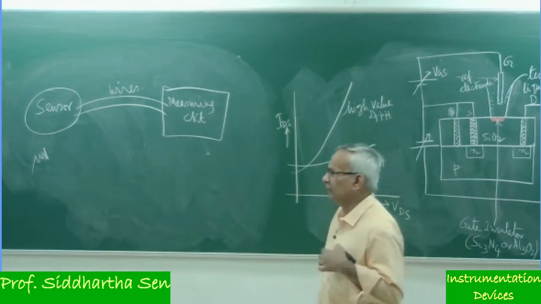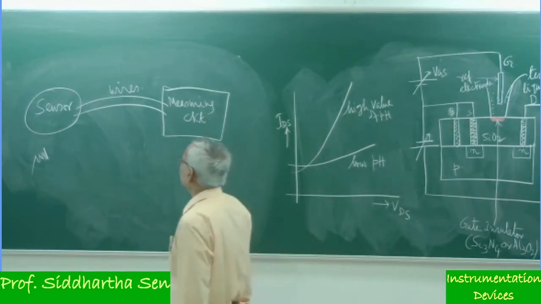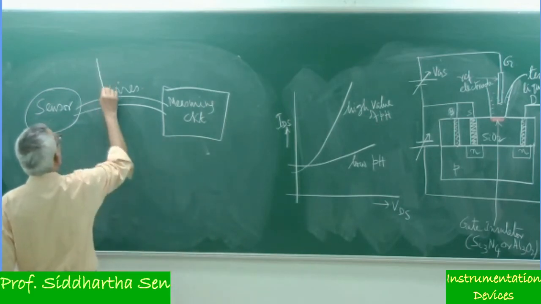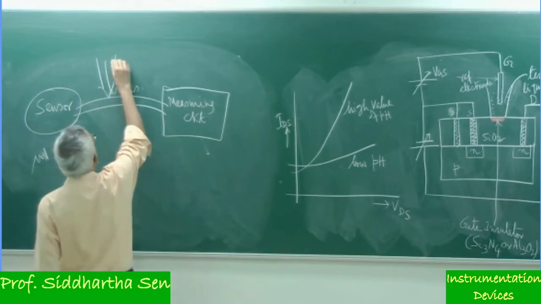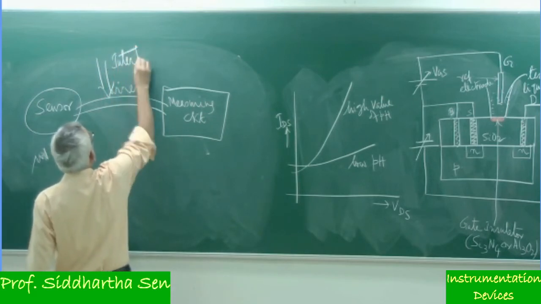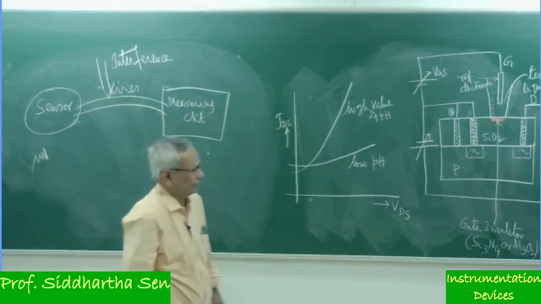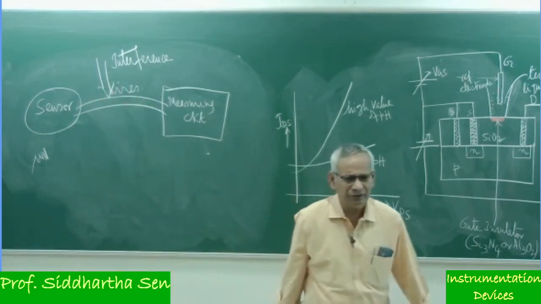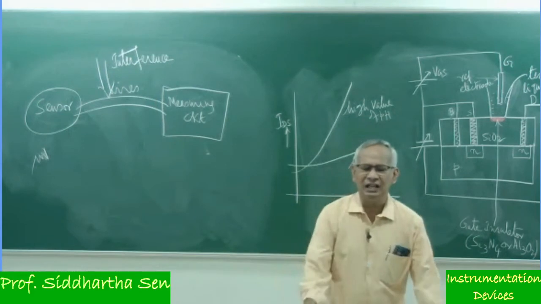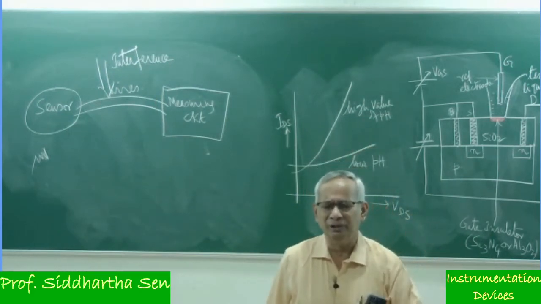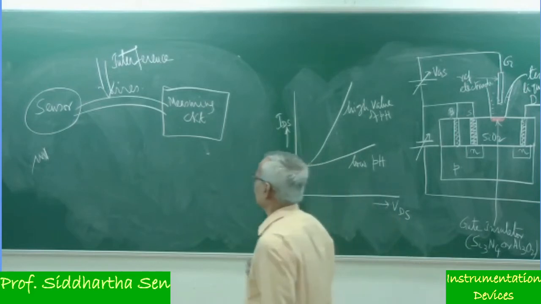But there is a problem: there could be some interference. What do you mean by interference? Some external, unwanted signal often comes in and disturbs the measurement.